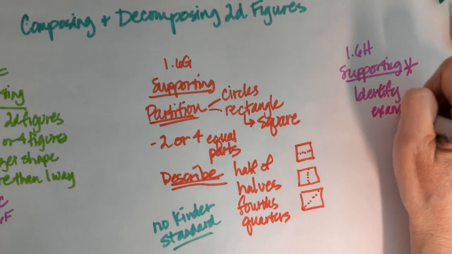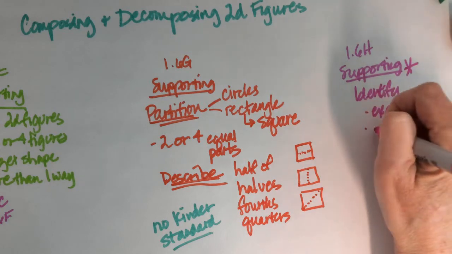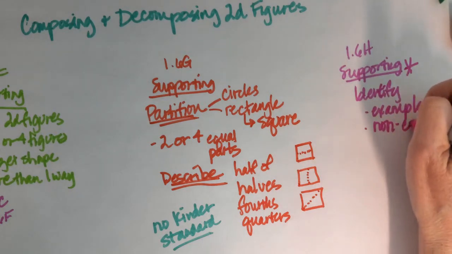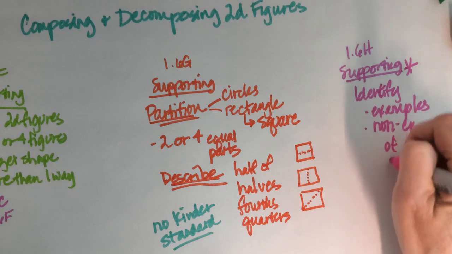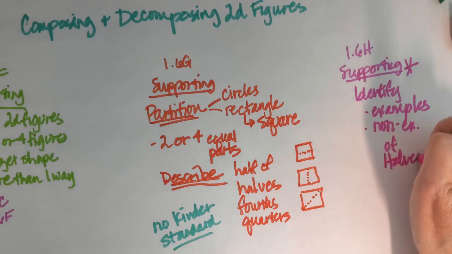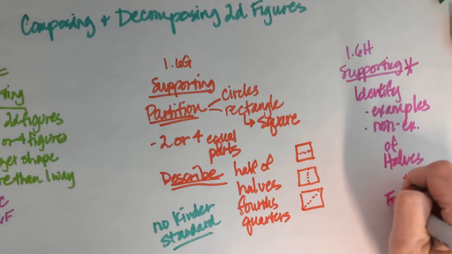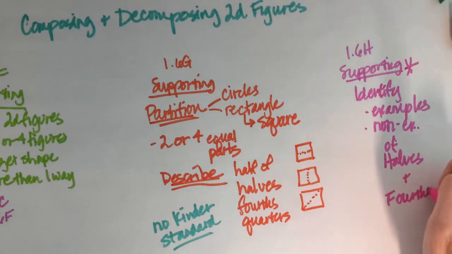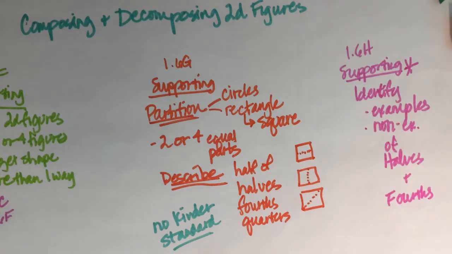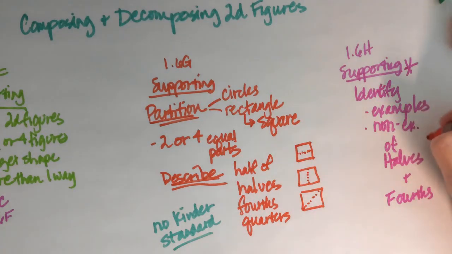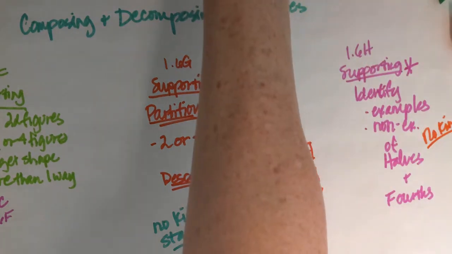Examples and non-examples of halves and fourths. That's some really important foundational understanding. And again, this is another one of those that there is no Kinder supporting standard for this. None. They don't introduce this at all.